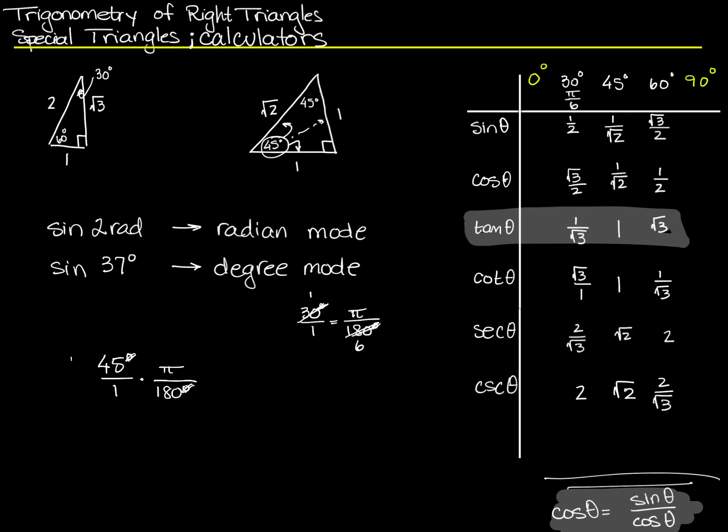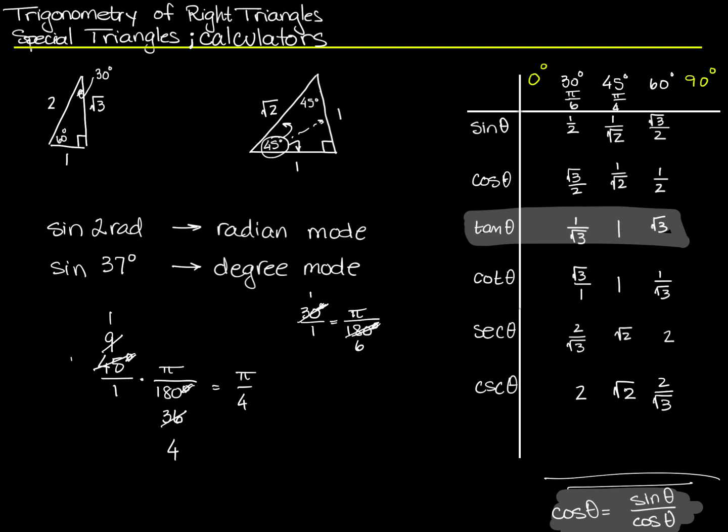And then let's see, 5 goes into 45 9 times. 5 goes into 18 3 times with a remainder of 3. 5 goes into 36 times, and then 9 goes into 36 4 times, so I get pi over 4. 45 degrees is pi over 4 radians.